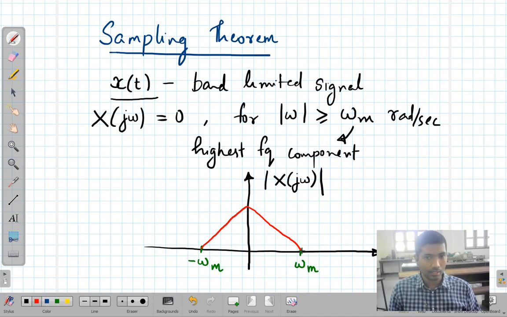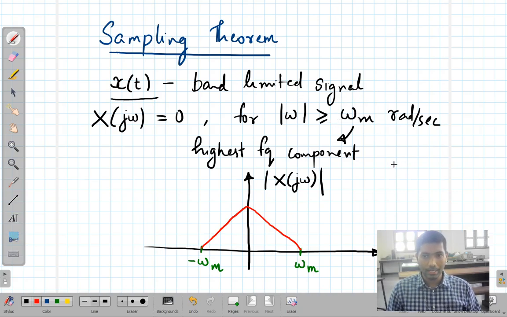But one thing is certain for a band limited signal: for frequencies above omega m, the Fourier transform is 0. That means there is no signal with frequency component above omega m. And the sampling theorem is applicable for those signals which are band limited with the highest frequency component being omega m.